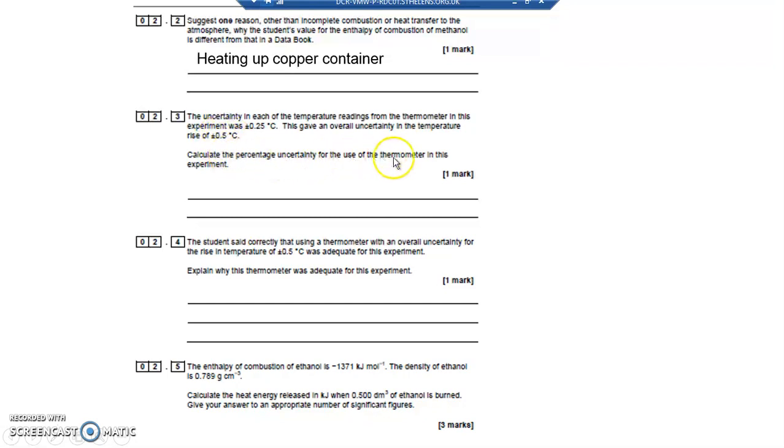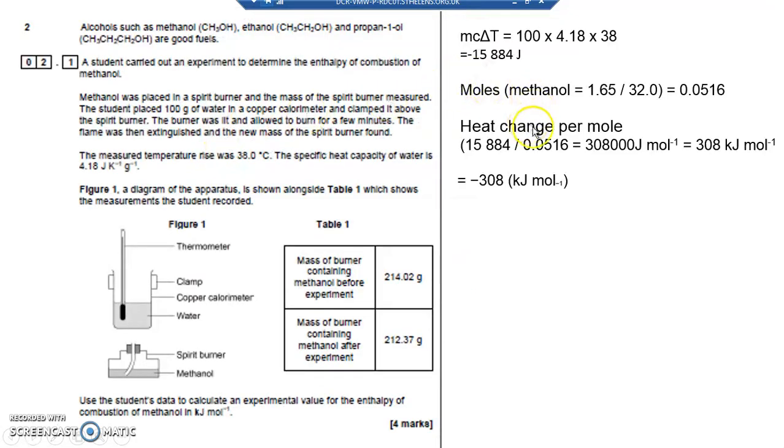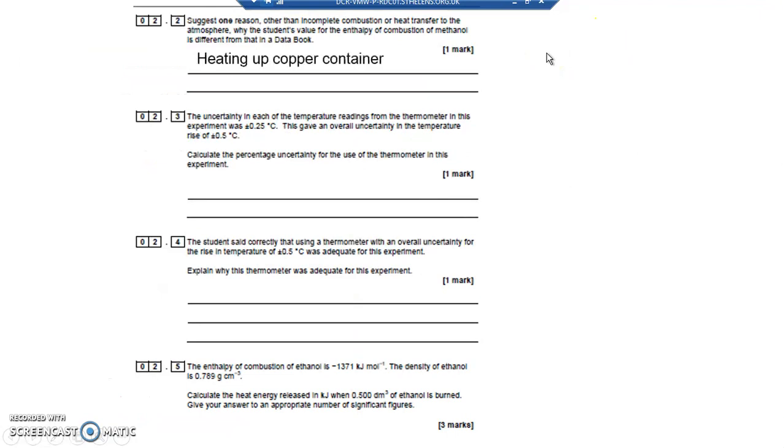Calculate the percentage uncertainty for the use of the thermometer in this experiment. So I could be 0.5 degrees C out of my temperature change. My temperature change is 38. So 0.5 divided by 38 multiplied by 100% is 1.3.